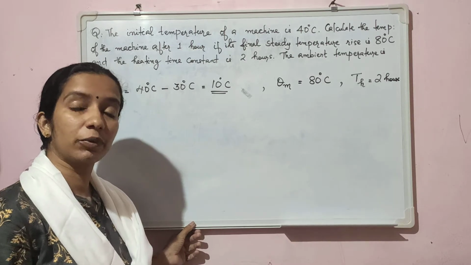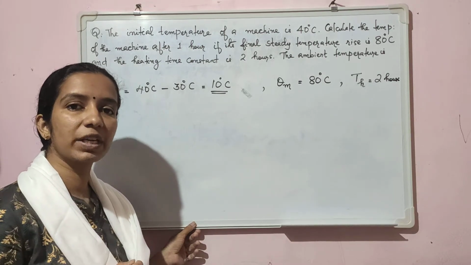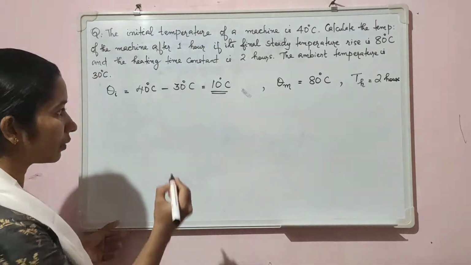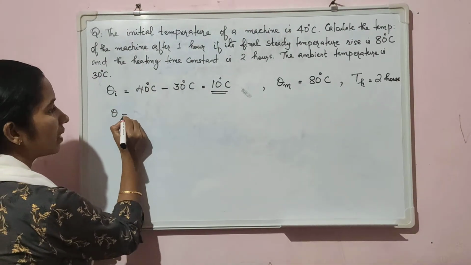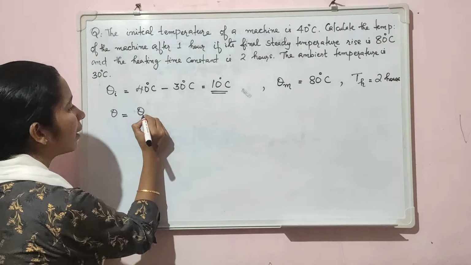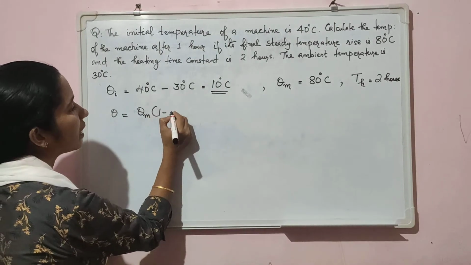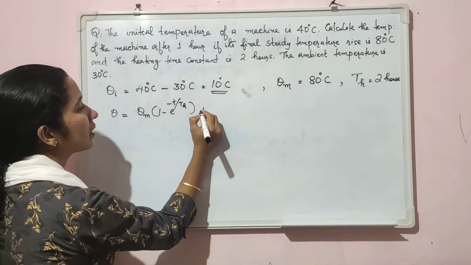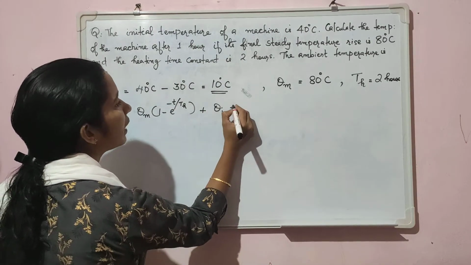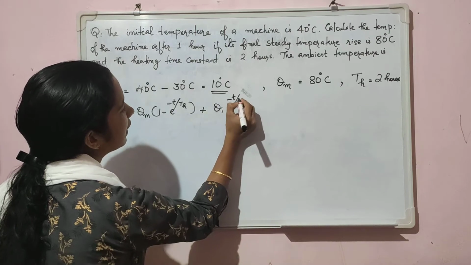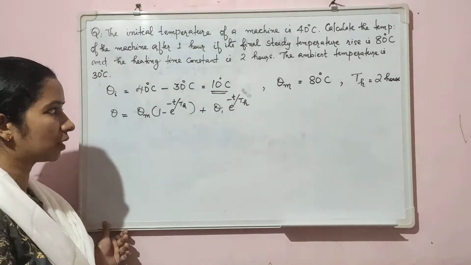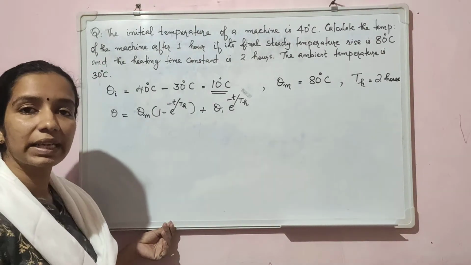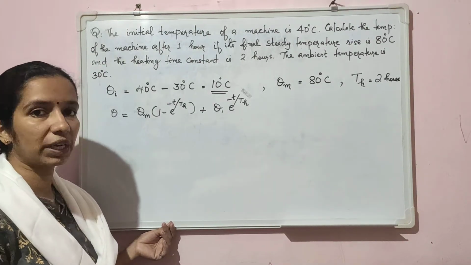So we know the equation for calculating the temperature rise at each instant of time. And that equation was theta is equal to theta m into 1 minus e raised to minus t by th plus theta I into e raised to minus t by th. So on substituting the value of all the variables, we can calculate the value of temperature rise.